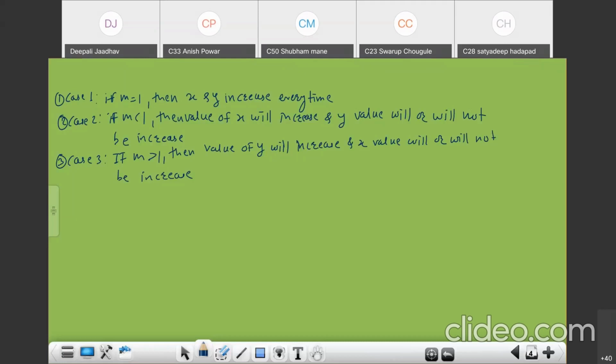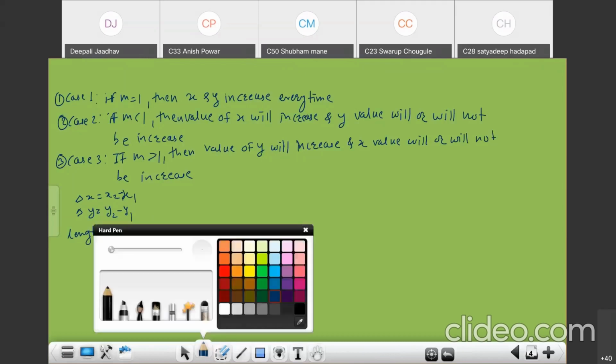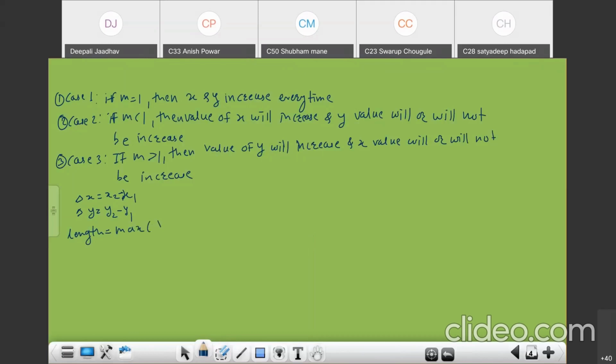So one simple example we are going to see, how it works. For that, we need delta x is equal to x2 minus x1, delta y is equal to y2 minus y1. Step or length is equal to the maximum of these two, max of delta x, delta y.